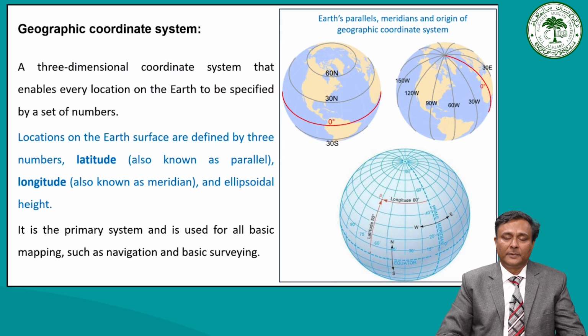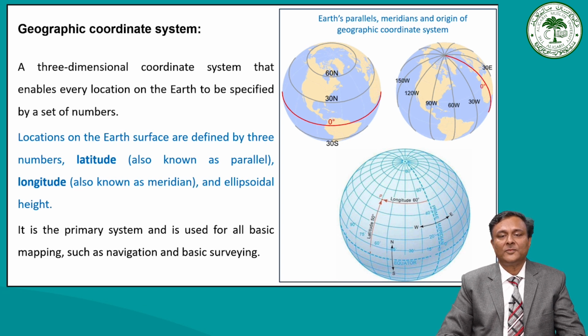Moving ahead, focusing on a geographic coordinate system, that is a reference system for identifying locations on the curved surface of the Earth. Locations on the Earth's surface are measured in angular units from the center of the Earth relative to two planes. Generally, we refer to latitude and longitude.